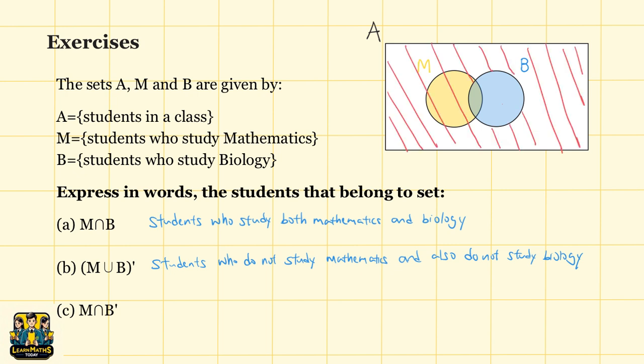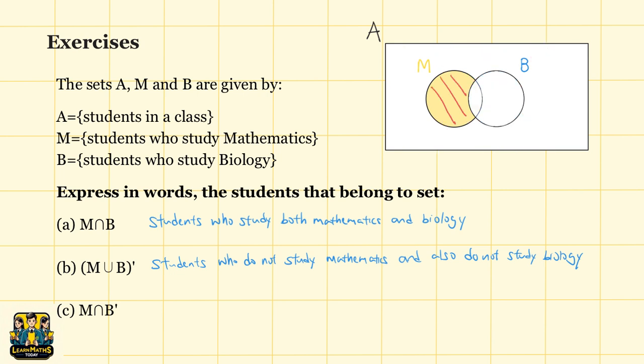And then you can see the overlapping areas of the red lines and the yellow area will be the intersection of set M and the complement of set B. These are actually referring to students who study mathematics but do not study biology.